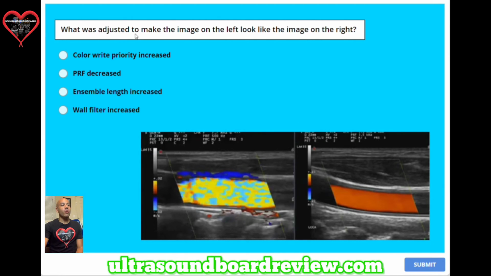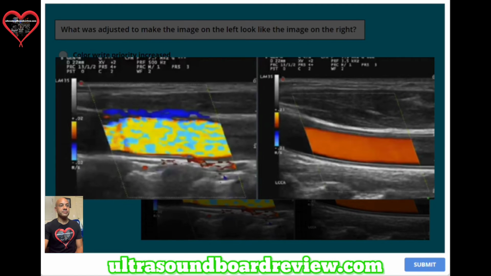Question 21. What was adjusted to make the image on the left look like the image on the right? A, color write priority increased. B, PRF decreased. C, ensemble length increased. Or D, wall filter increased. Or what was adjusted to make this image look like this image?